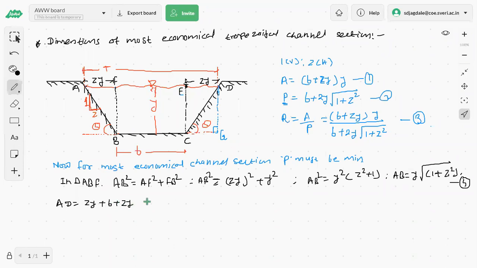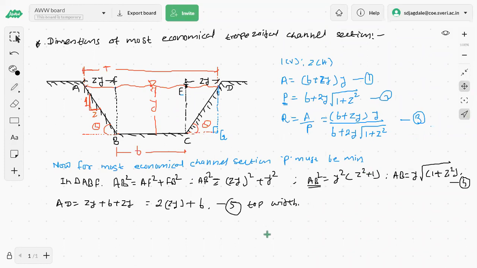Plus once again zy, that is equal to 2 times zy plus B. Is it correct? This is the top width. Equation number 5. This is the top width, and this is nothing but the slanting edge.